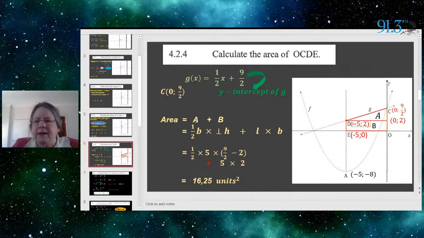Now A is a right angled triangle. And the formula would be half base times the perpendicular height of that triangle. Now, again, I'm putting this in deliberately because I see many schools only write half BH and that's it. And many textbooks do that too.